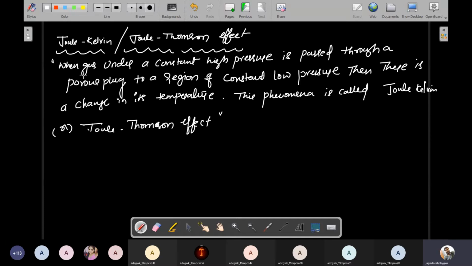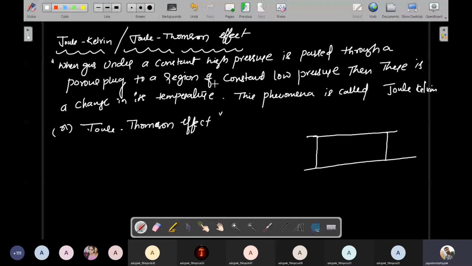See what the definition says: when a gas under a constant high pressure is passed through a porous plug to a region of constant low pressure, then there is a change in its temperature. First, suppose this is a device, a chamber.